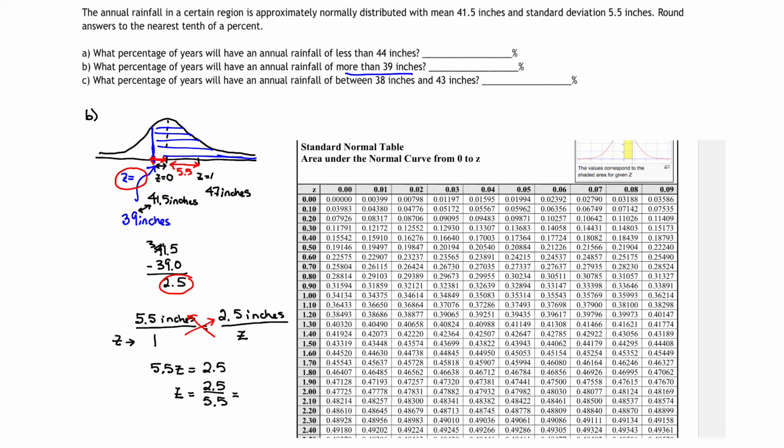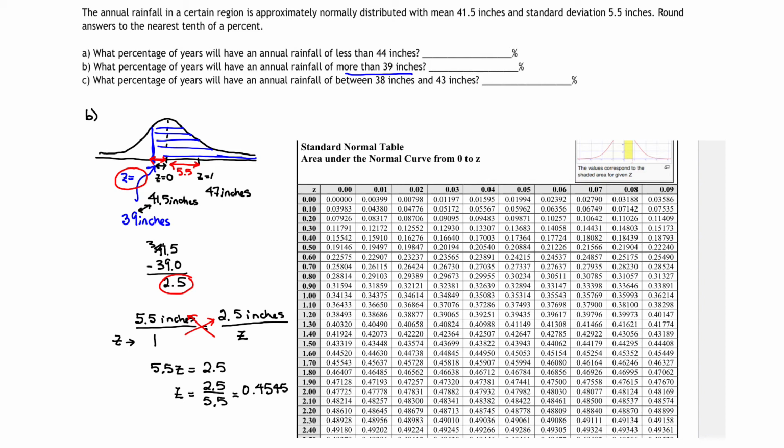This is the exact z value that we just got for problem A. The only difference is this time we're on the left side of the mean. So over here on the left side, my z value is actually negative 0.4545.